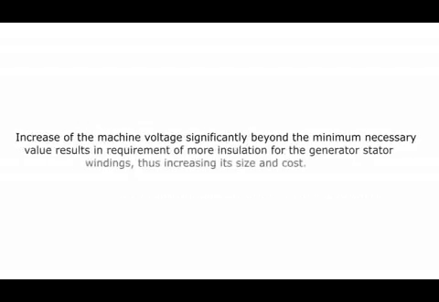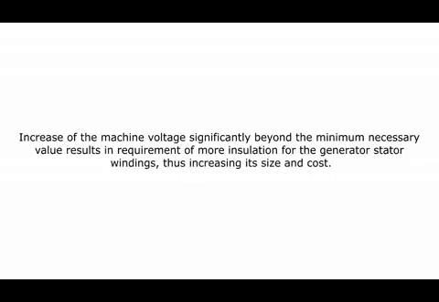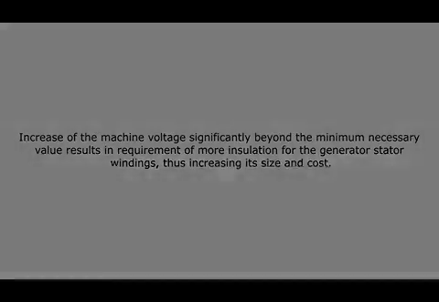Increasing the machine voltage significantly beyond the minimum necessary value requires more insulation for the generator stator windings, thus increasing its size and cost. Therefore, the generation voltage is kept low.